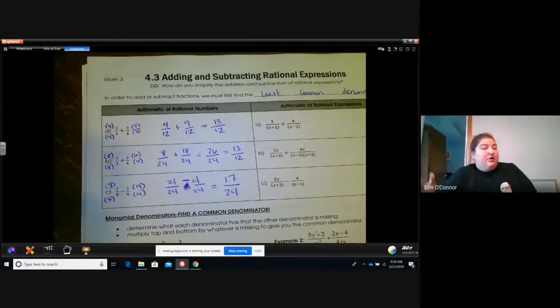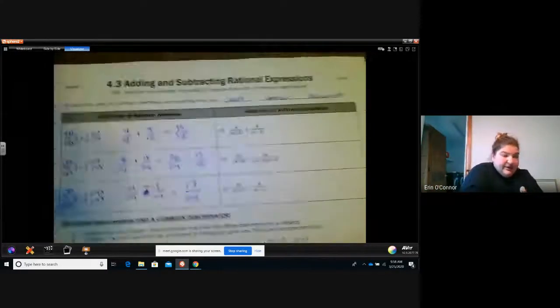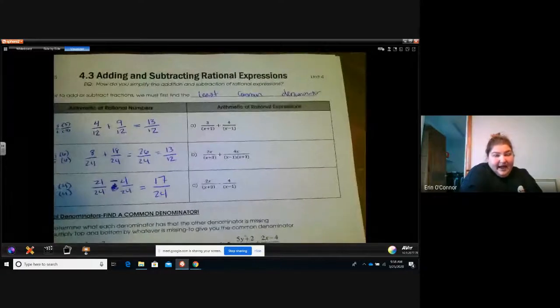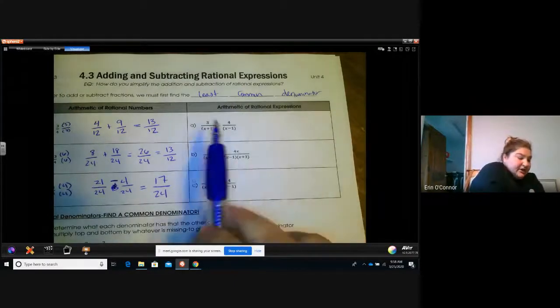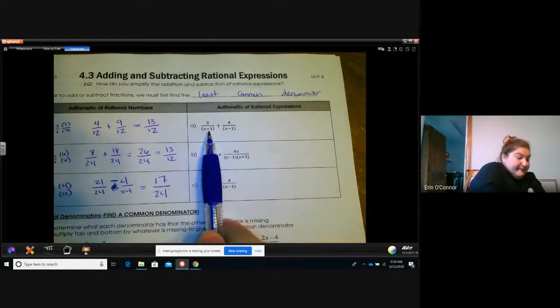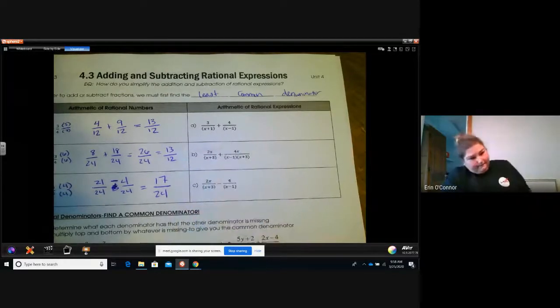So likewise, we have to do the same thing with adding and subtracting rational expressions. So here, the big thing is to determine what the other one is missing.